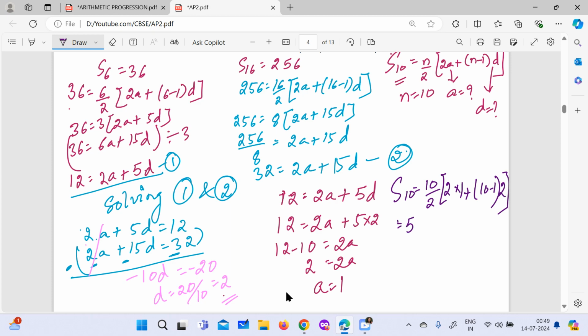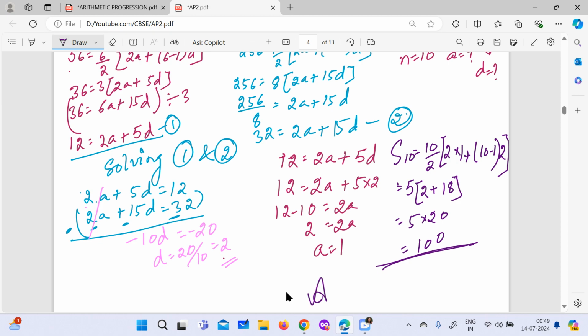So you have 5, and 2 times 1 will be 2 plus 9 times 2 is 18. So you have 5 times 20, and that will give you 100. So this is your final answer. So the sum of first 10 terms equals 100.